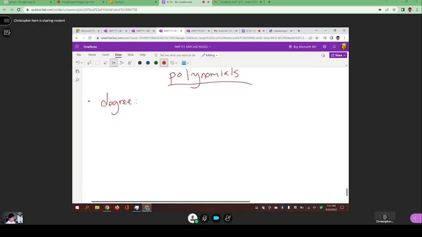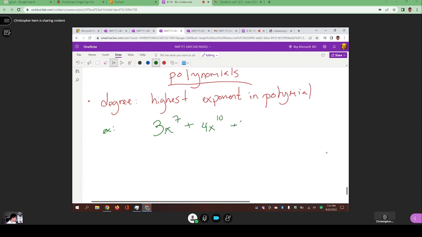What is a degree? It's going to be the highest exponent in your polynomial. So, for instance, if I give you the example, 3x to the 7th plus 4x to the 10th plus 2, we're going to say the degree of this polynomial is equal to 10.